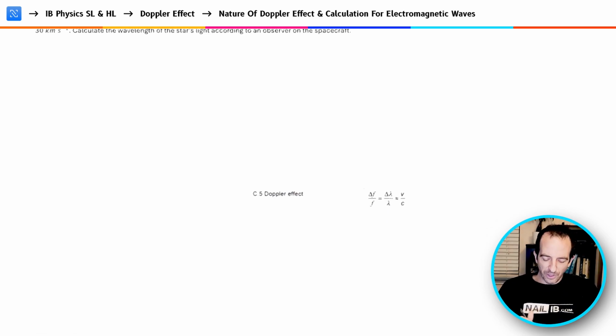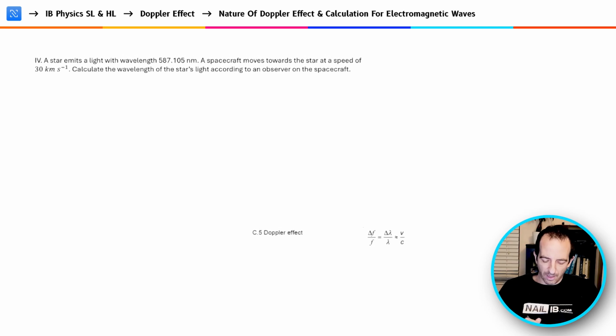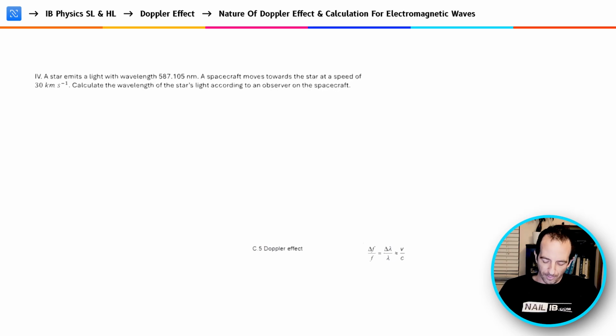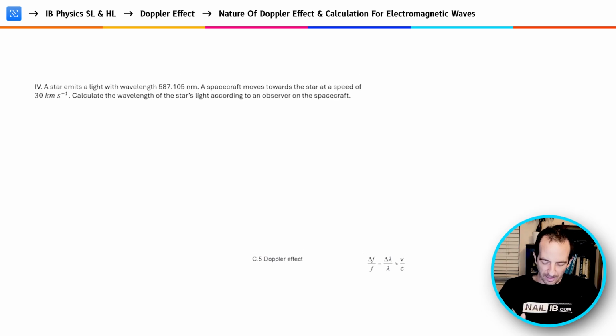So here, read over the question. I provided you with the formula, in the bottom right corner, that's the formula from the data booklet for questions relating to the electromagnetic spectrum. Just to help you out here, what you should recognize is we're given the wavelength, we're given the speed of the observer, and what we want to figure out is the wavelength of the star's light according to the observer.